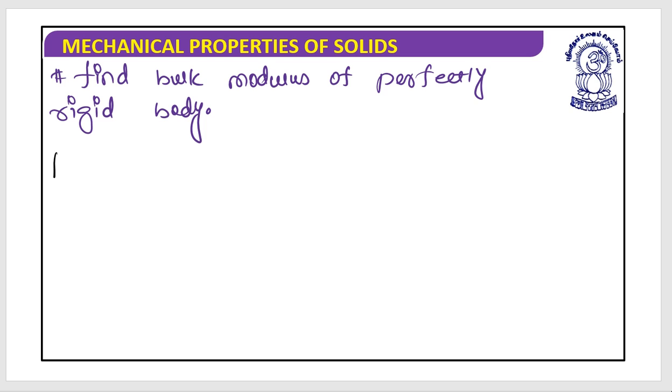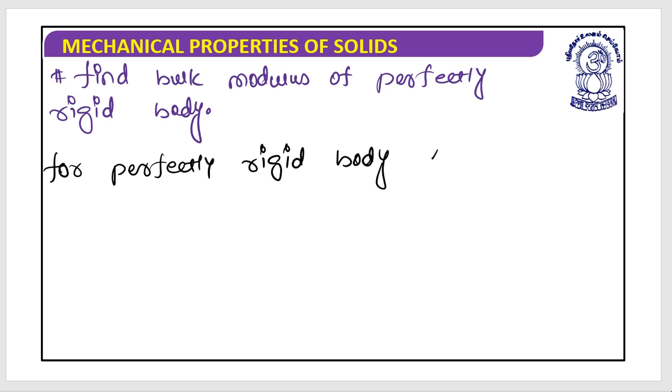So we understand that for a perfectly rigid body, delta V is equal to 0 because it is not going to change its dimensions. That is what we understand by a perfectly rigid body.